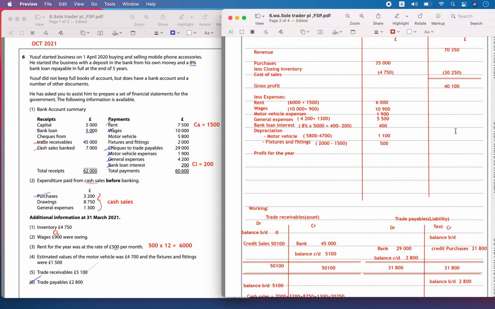So that is equal to 26,300. Now let's calculate the profit for the year. So 40,100 minus 26,300, that is equal to 13,800 was the profit.